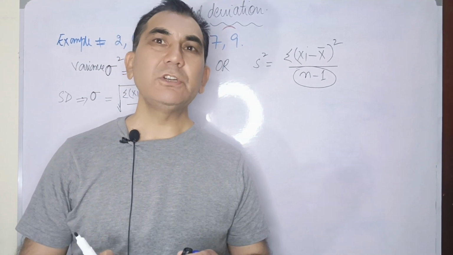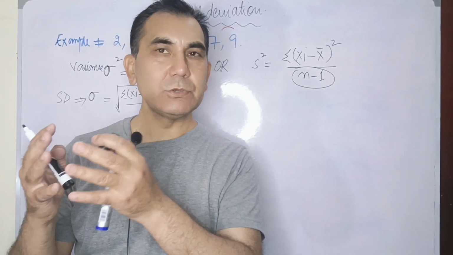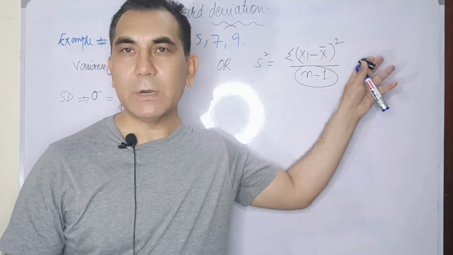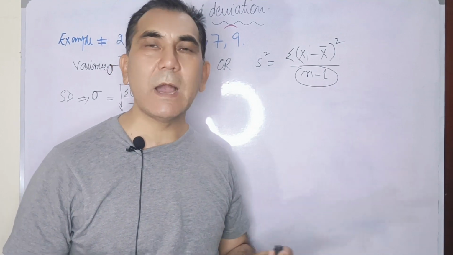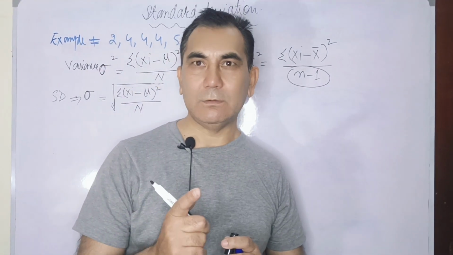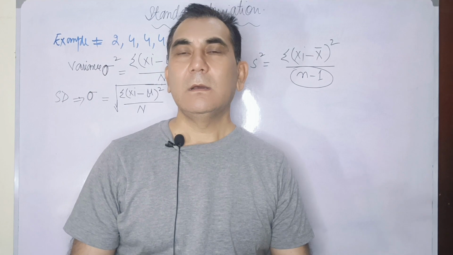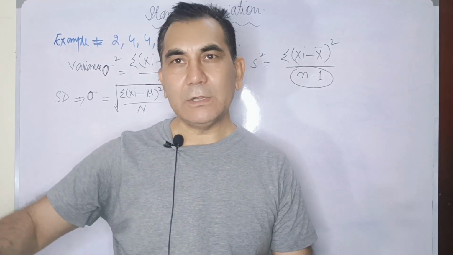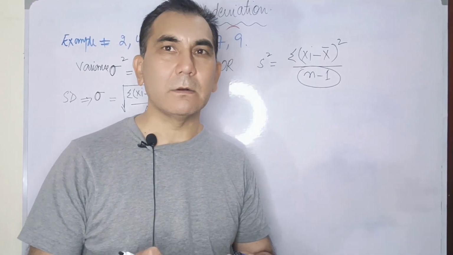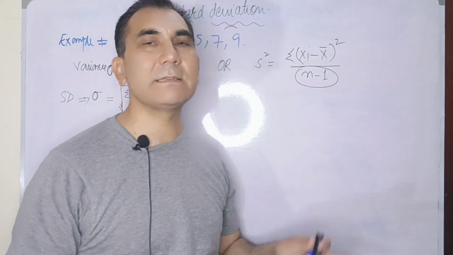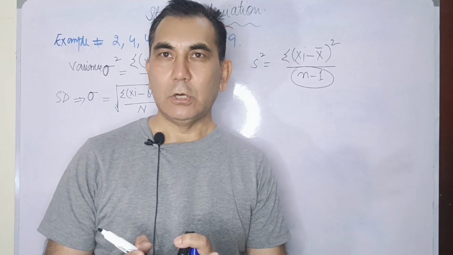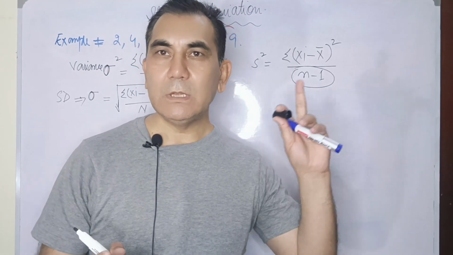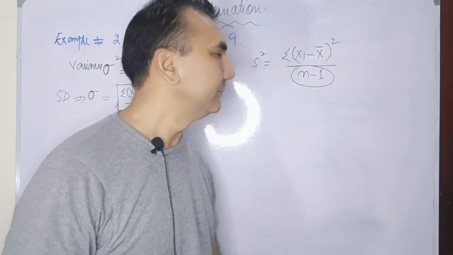So we subtract 1 from n to eliminate the error, the standard error from the sample. That's why we subtract 1 from the total sample size.